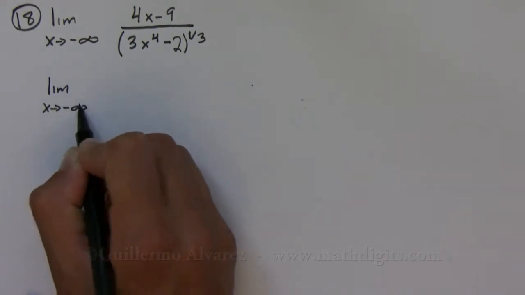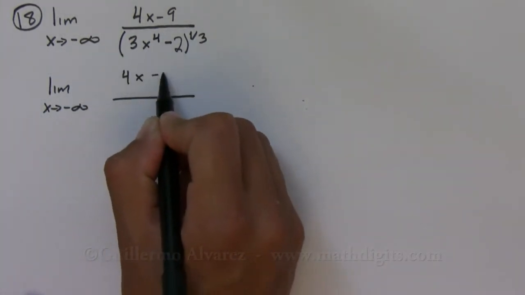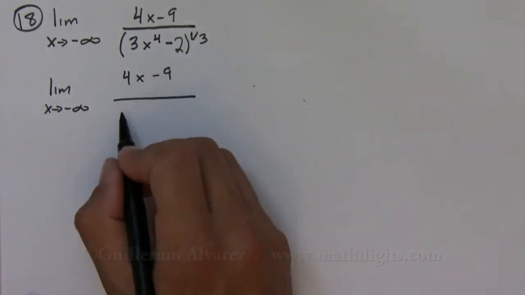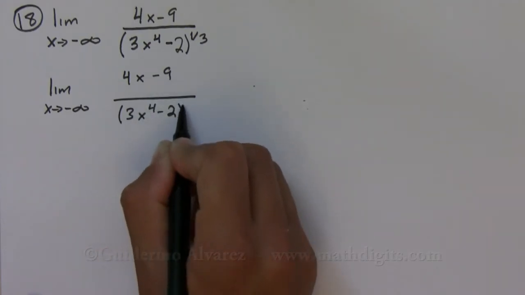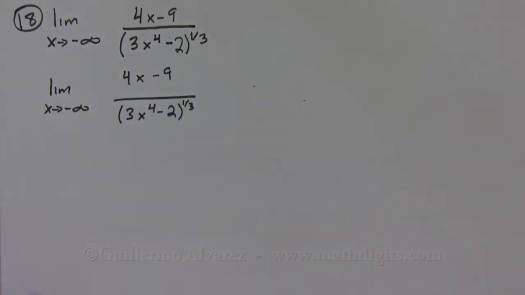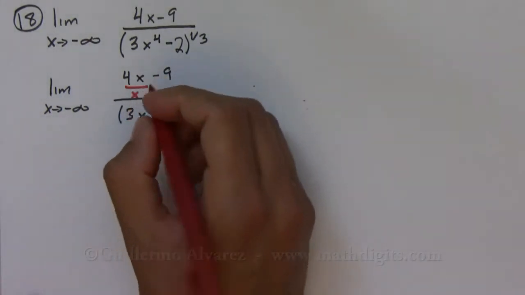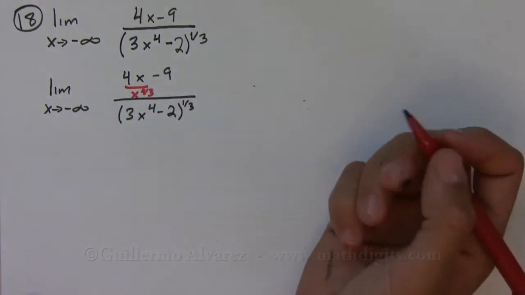Okay, so let's do that. We're going to have 4x minus 9, and in the denominator we're going to have 3x to the 4th minus 2, all to the 1/3. Divide by x to the 4/3.